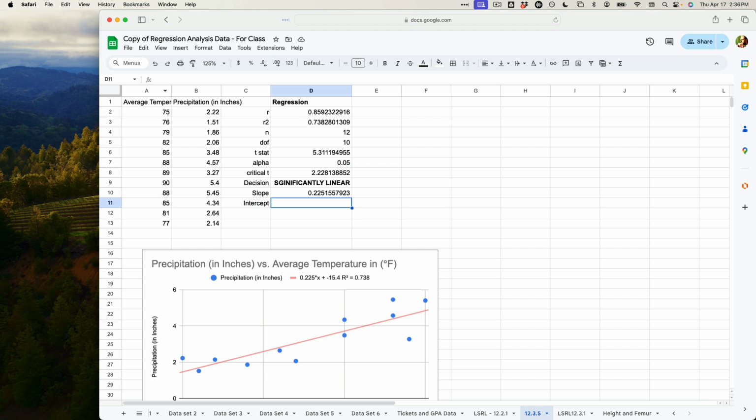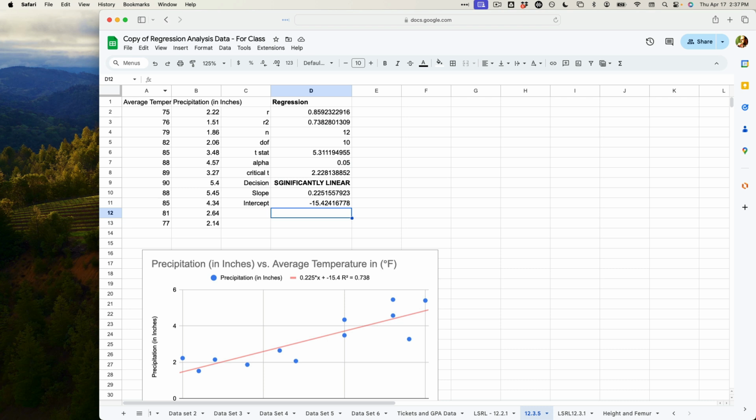Consistent, good, things make sense. Same thing for intercept. It's called, guess what? Intercept. Again, data y, and then data x. And it's minus 15.4, same as in the equation that I saw.